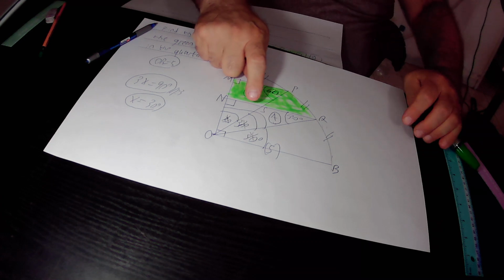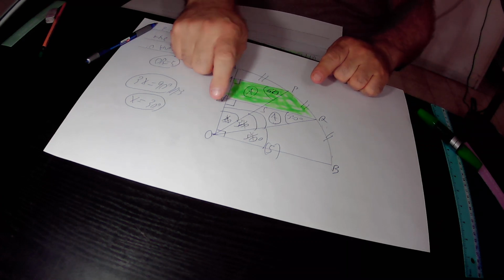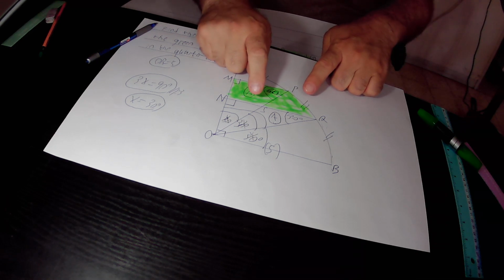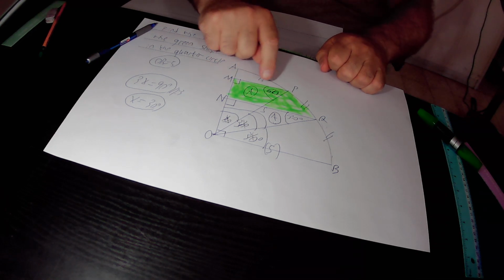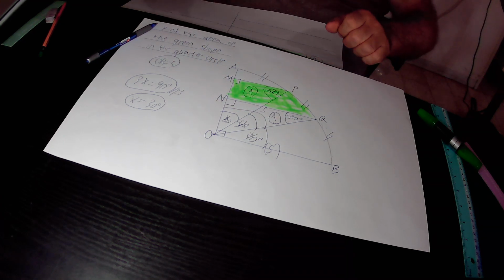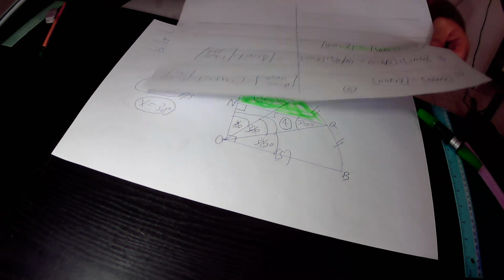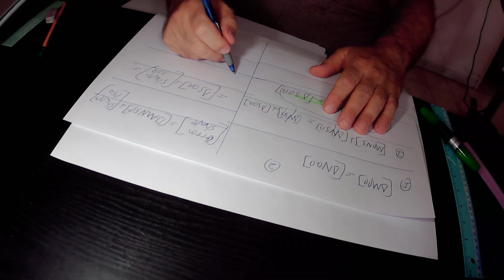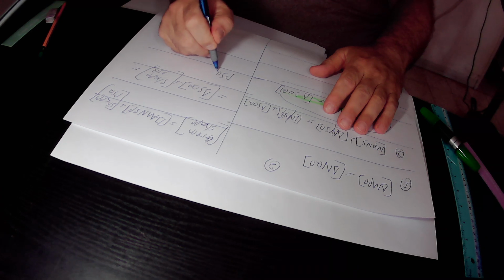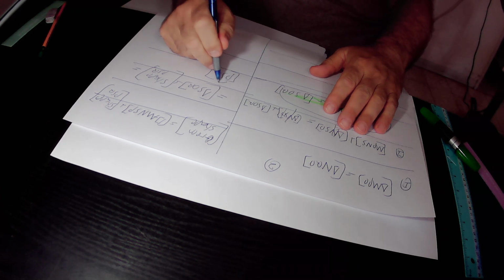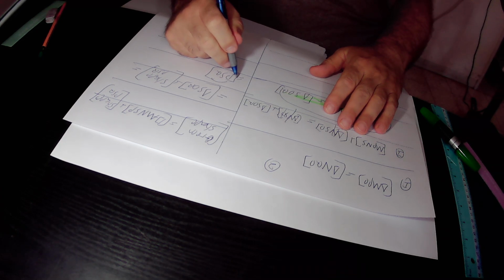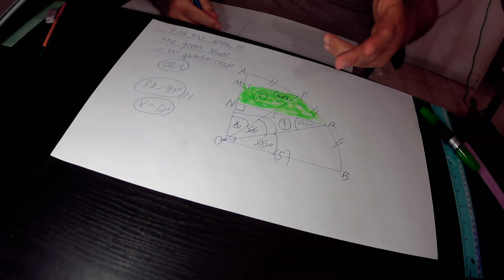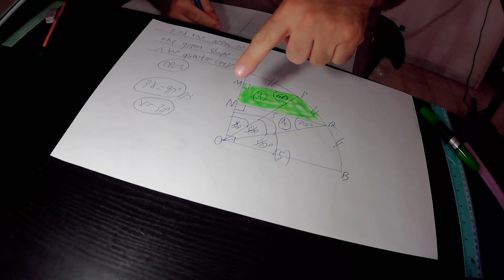Again, the sum of the areas of triangle SOQ plus this green shape PSQ in total equals the area of sector POQ. So in total, we found out the area of this green shape equals the area of sector POQ.